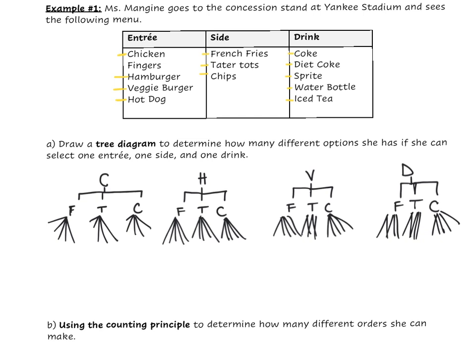So let's just say I get chicken fingers, right? Then I get French fries, and then I get a Coke, right? This line would be Coke. I didn't label them all, but let's just say Coke, Diet Coke, Sprite, water, and iced tea.